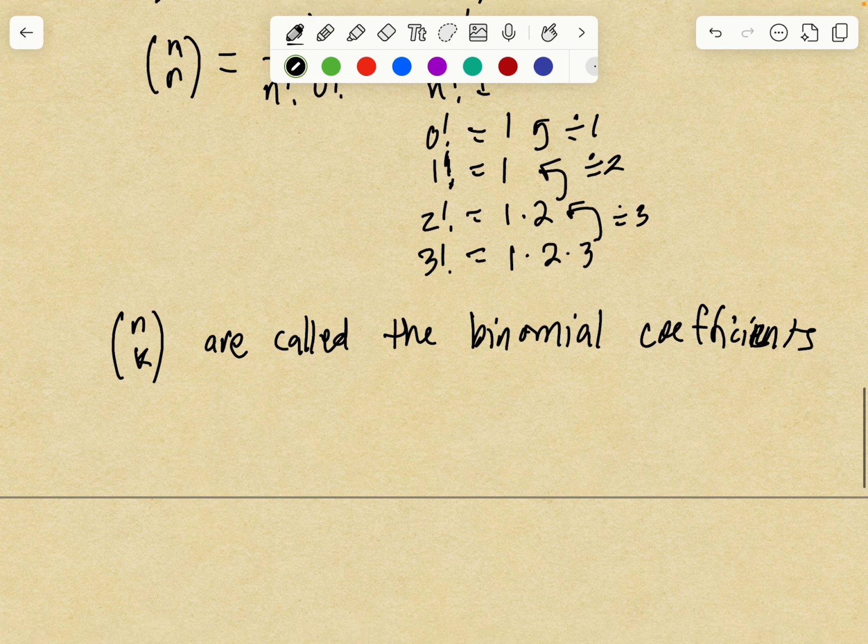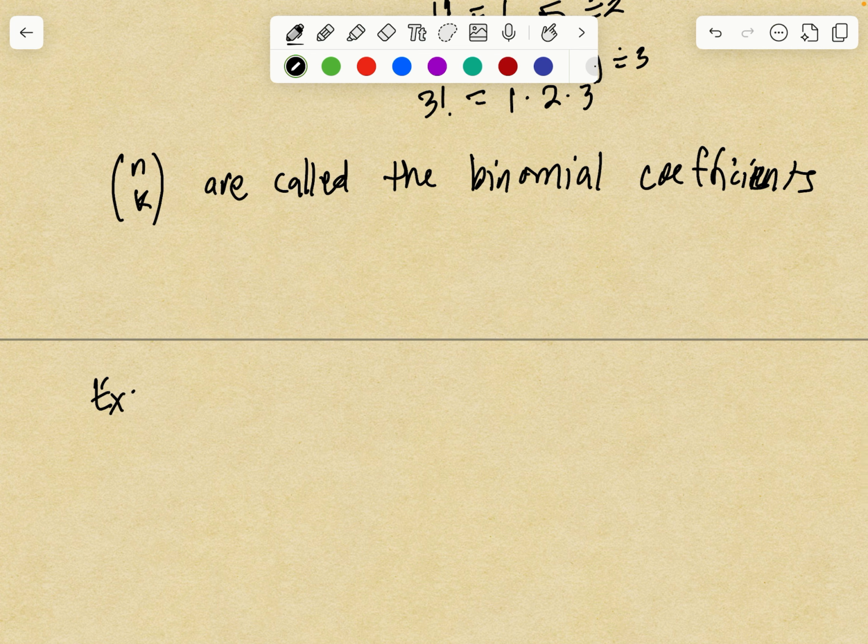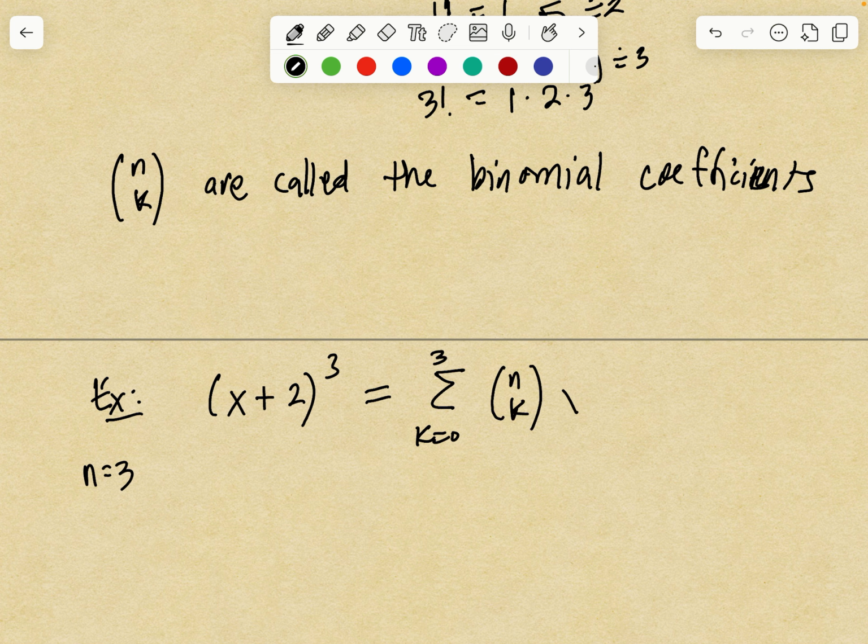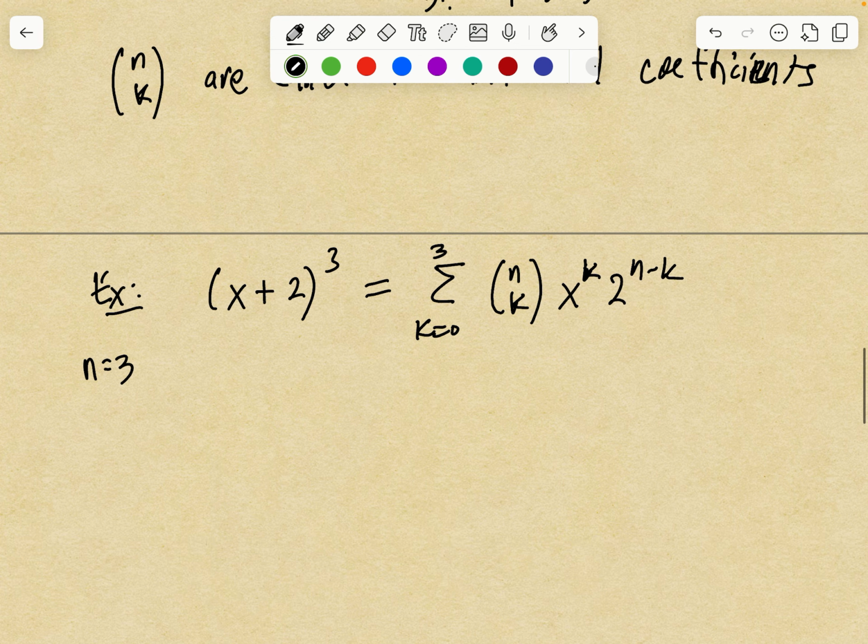Okay. So for instance, let's say you had x plus 2 cubed. What is that going to be? Well, the binomial formula says, so my n is 3, right? So I have to write the sum from k equals 0 to 3 of n choose k, x to the k times 2 to the n minus k.